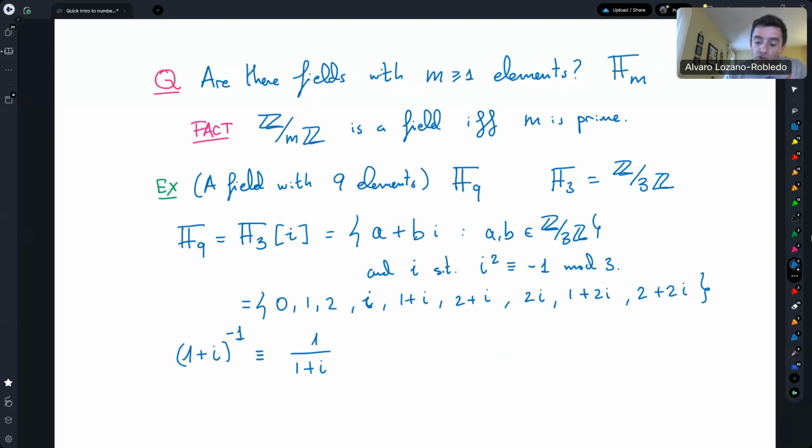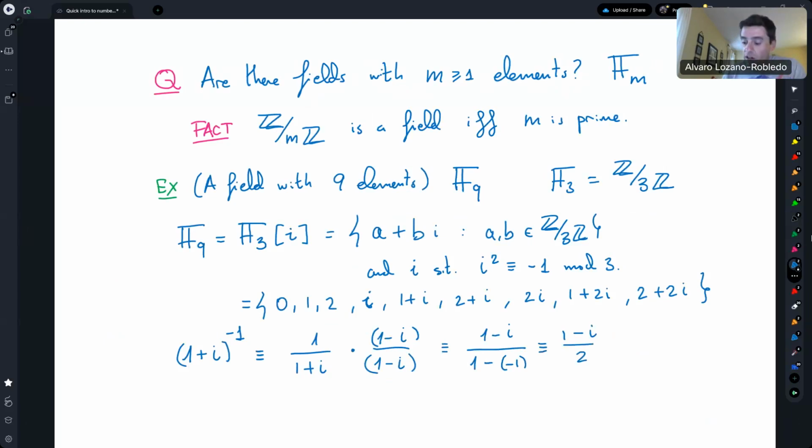If I want to see what 1 over 1 plus i is, I can multiply and divide by the complex conjugate of my quantity. This is 1 minus i, divided by the difference of squares, which is 1 minus -1, so it's actually 2. So this is 1 minus i over 2.